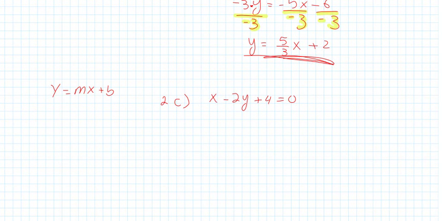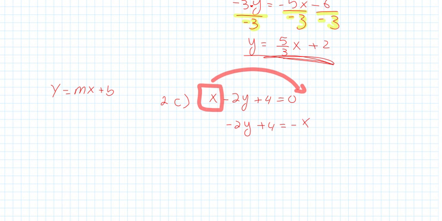If I want to bring the x over, what does it become when I bring it over to the other side? Negative x. Good. So this stays as negative 2y plus 4 equals negative x. Then I want to get rid of that 4. Because I'm adding 4, when you bring the plus 4 over, it becomes minus 4.